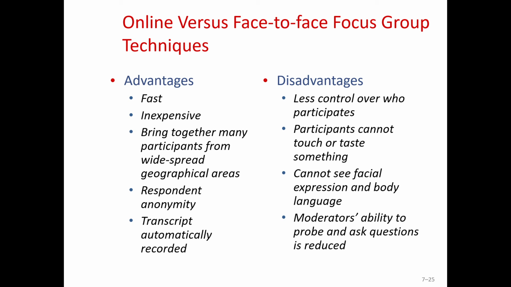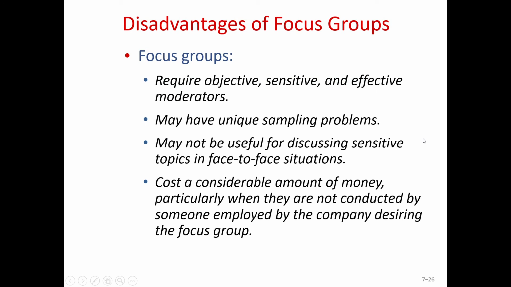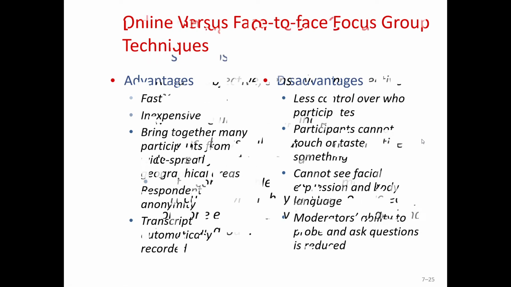And focus groups do cost a considerable amount of money, particularly when they are not conducted by someone employed by the company desiring the focus groups. The more expensive approaches may cost thousands of dollars to conduct and thousands of dollars to analyze and disseminate. So prices as well are very different. Yes, these were advantages and disadvantages.